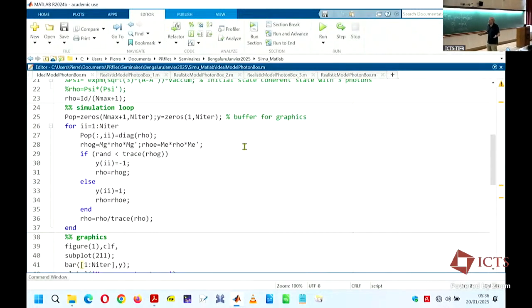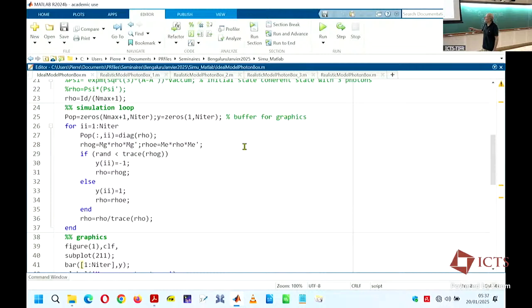So it is the density operator formulation, okay? So you have to sandwich. So you have your two measurement operators, or Kraus operators, Mg and Me. It is a cosine and sine. Okay? You have your two branches corresponding to this, but in the density operator. So here it is just for graphics.